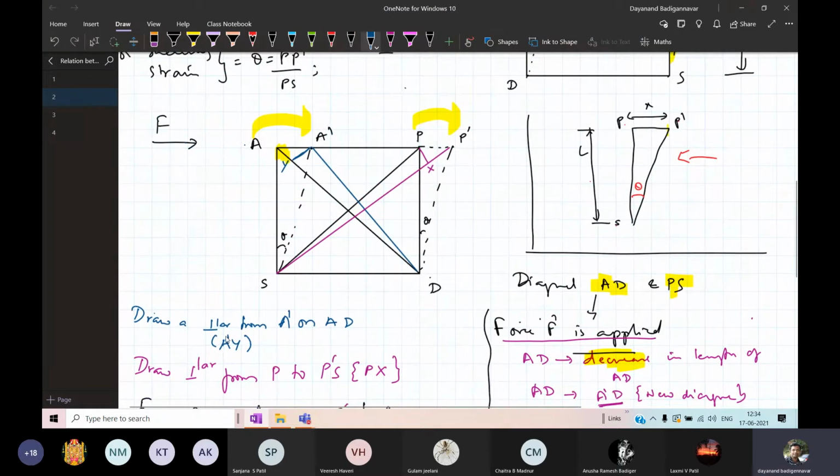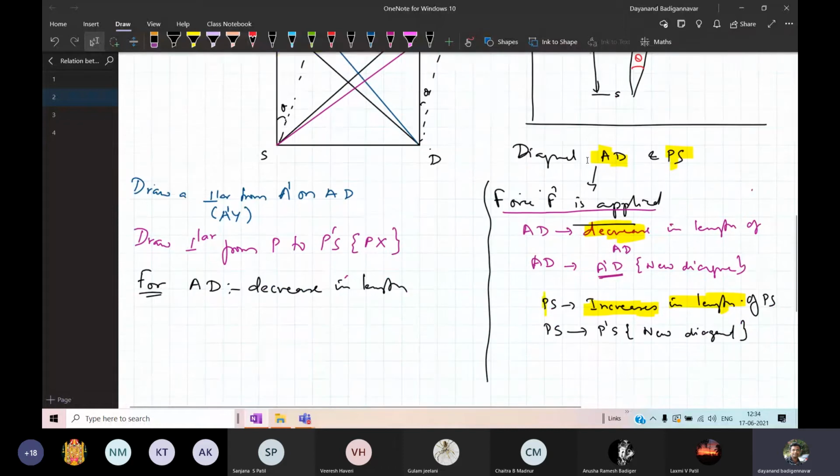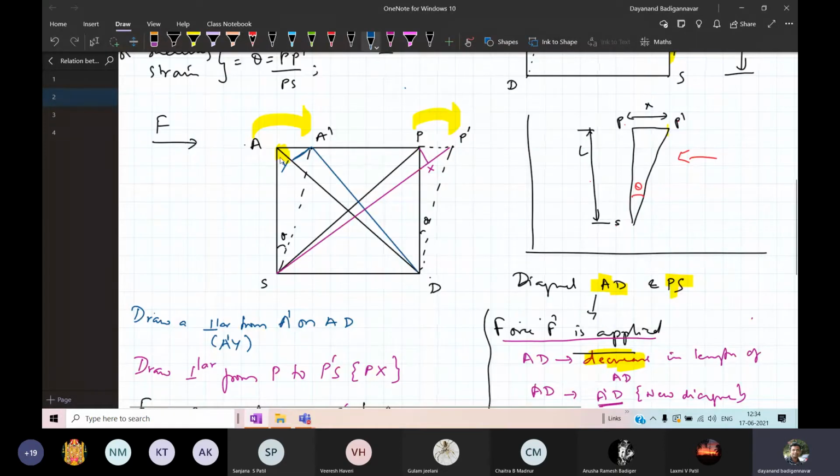Now, what is the decrease in the length of the diameter? If you look at it clearly, this is the decrease A dash Y. You can see here, this much is the length.